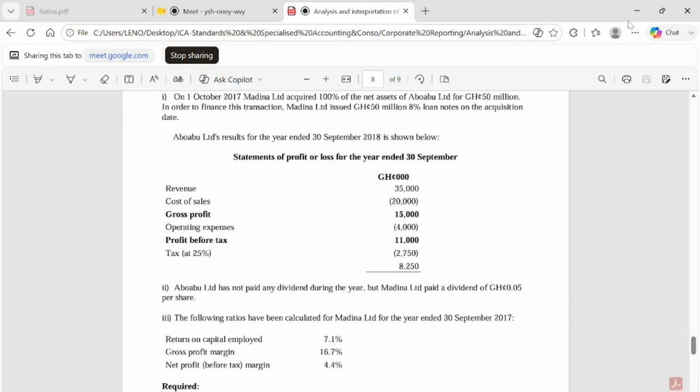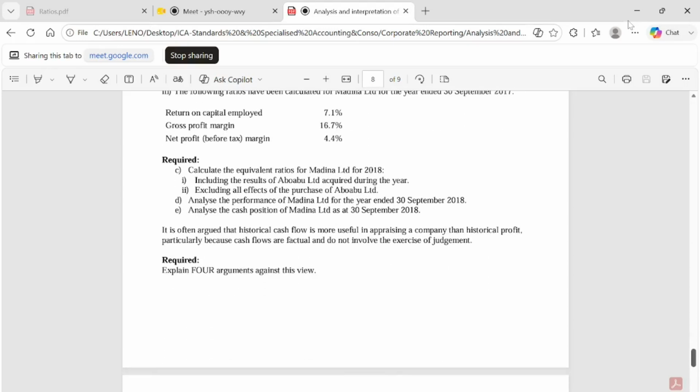When you look also in the words below here, you will also see that Abuabu, the subsidiary, has also prepared a separate account here for 2018. So you follow it that way, then you can use that to solve the question. They say calculate for 2018, including the results of Abuabu Limited during the year.